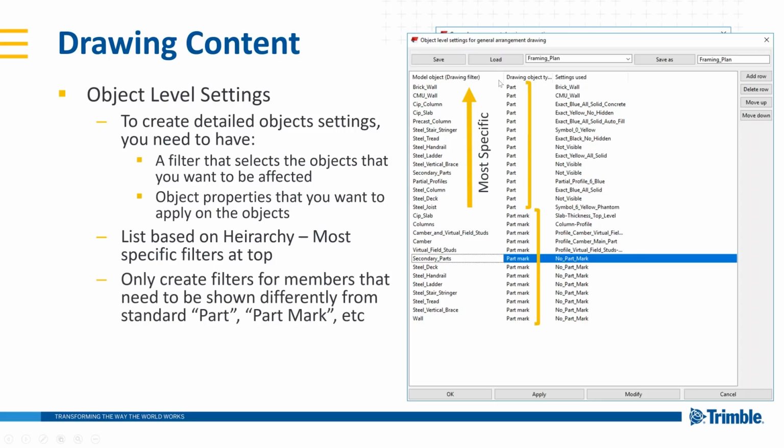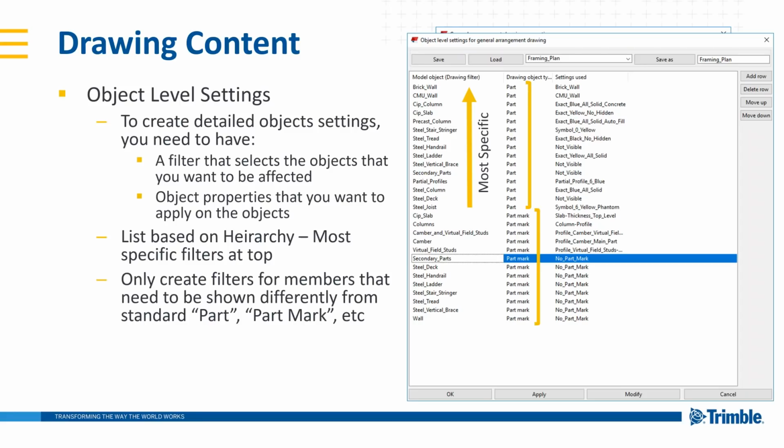And the other thing is that you don't need to have a filter for every single object in your model. You're only creating these filters for objects that are different from your standard settings, which are located in your drawing settings or your view settings.